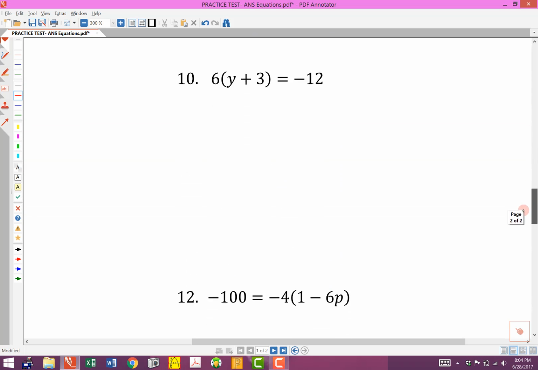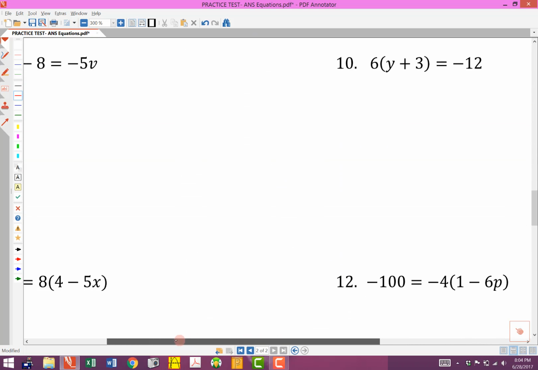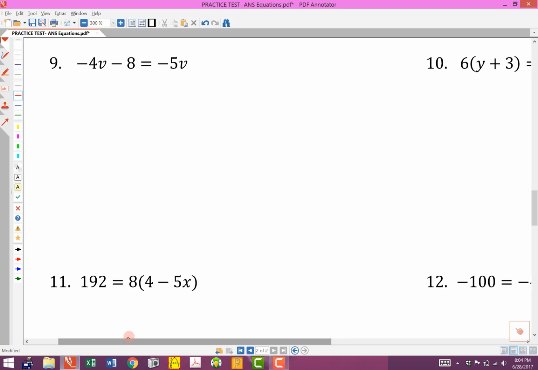Okay, let's go ahead and flip the side over. The back side of this and the back side of the test are probably a little bit more difficult, so let's be careful here. Variable on both sides, but notice that the only constant here is this one right here. So even though this is the smaller of the two, it's actually a better move to add the 4v to both sides, because that will cancel out.